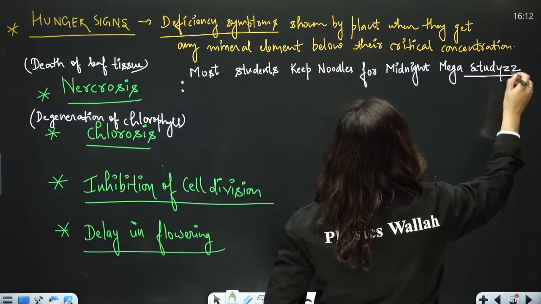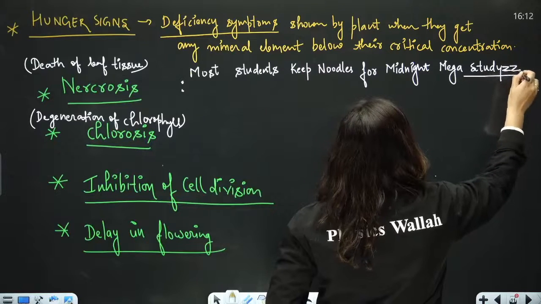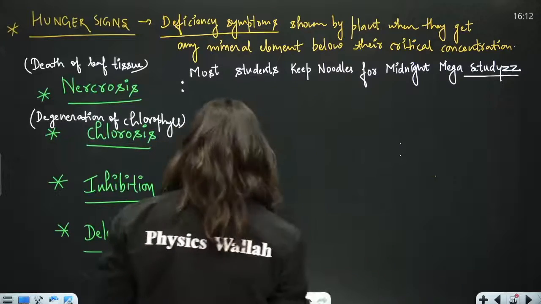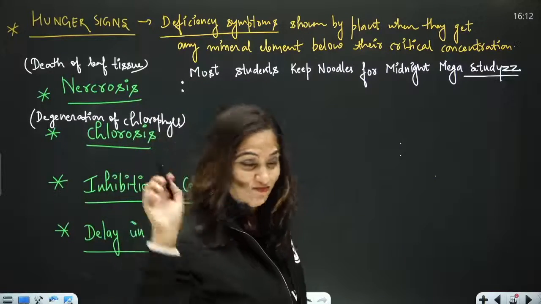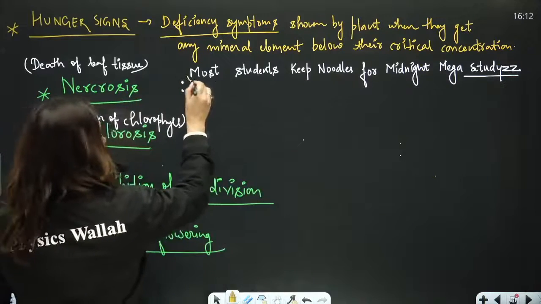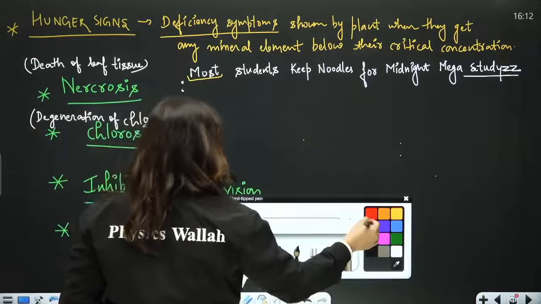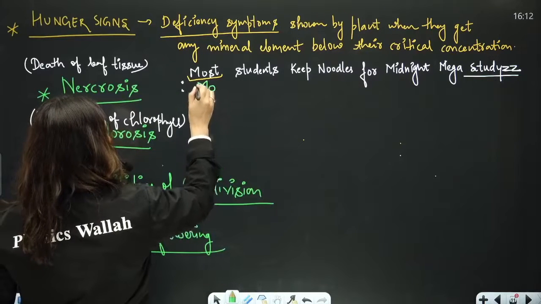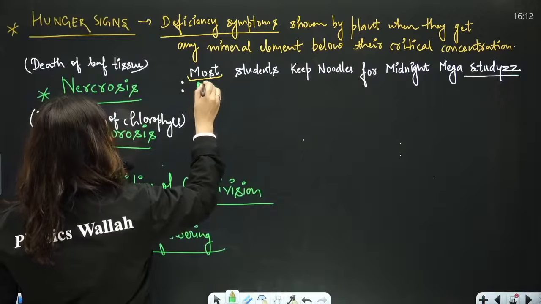See how I have written Z here. ZZ, mega studies. Okay, so remember this: studies, ZZ. So Mo stands for molybdenum.